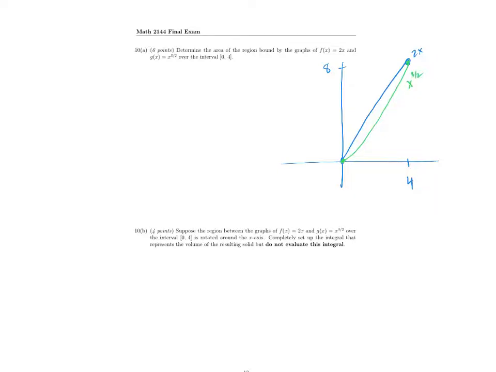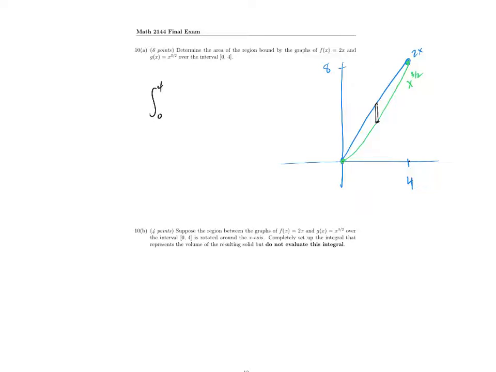and so this green one is x to the 3/2. Okay, and so I can see if I want to integrate this, that if I look at a slice here, the top of my slice is going to be on the function 2x, and the bottom of my slice is going to be on the function x to the 3/2. And so if I want to integrate, I want to add up all of my slices from x equals 0 to x equals 4.